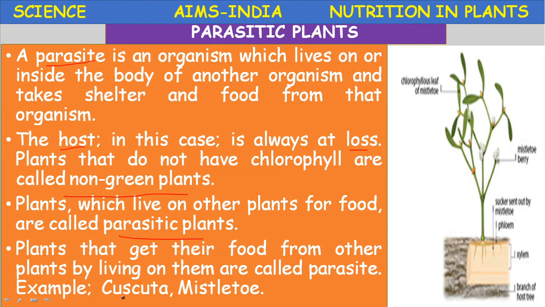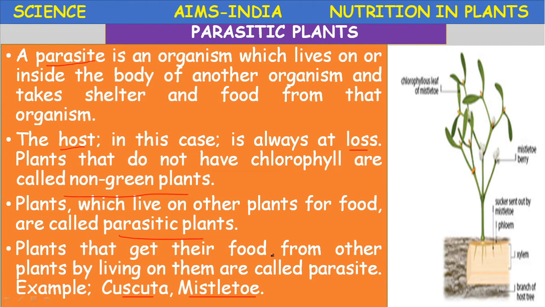Example, Cuscuta and mistletoe. This Cuscuta is also called dodder or amarbel. It is a total parasite, whereas mistletoe is a partial parasite.